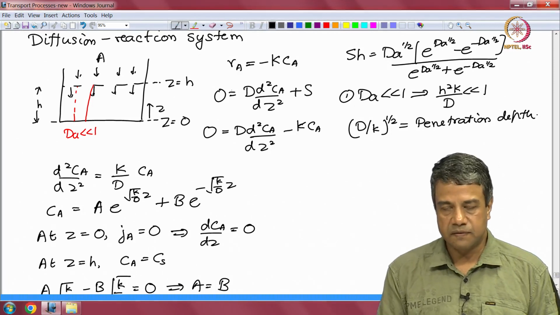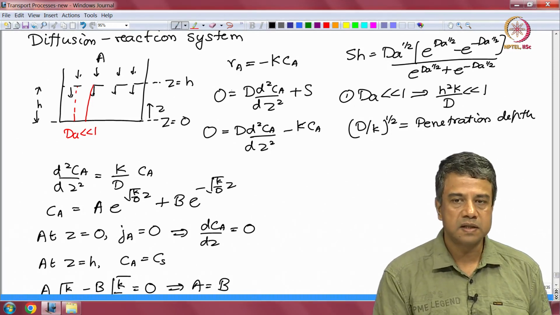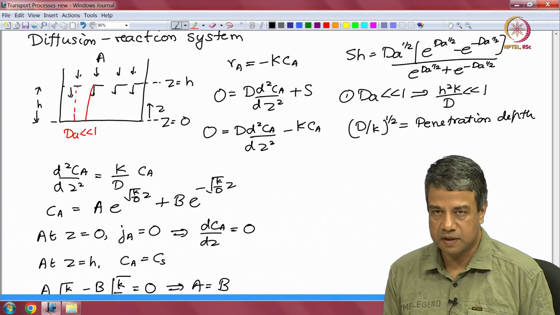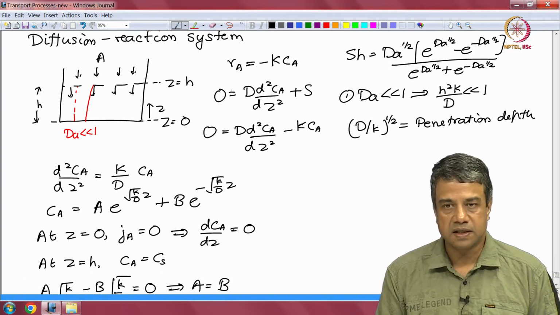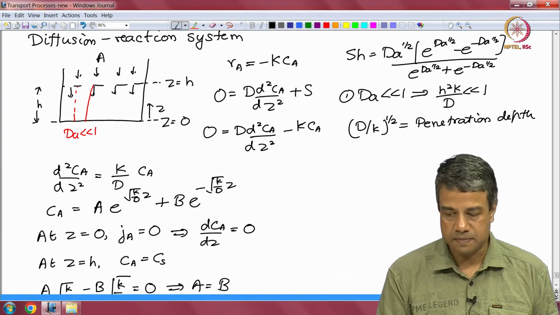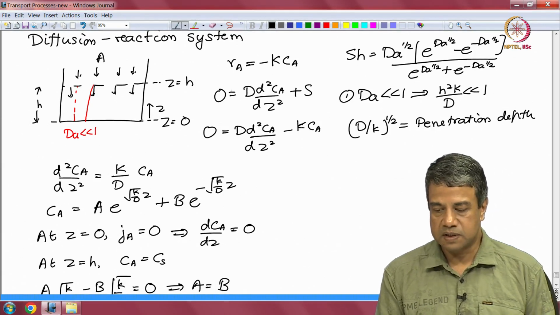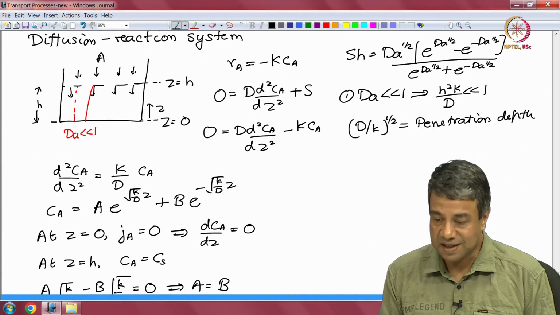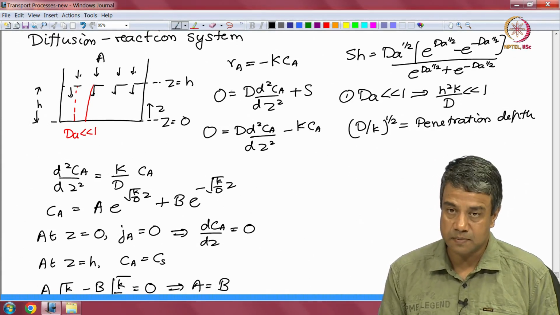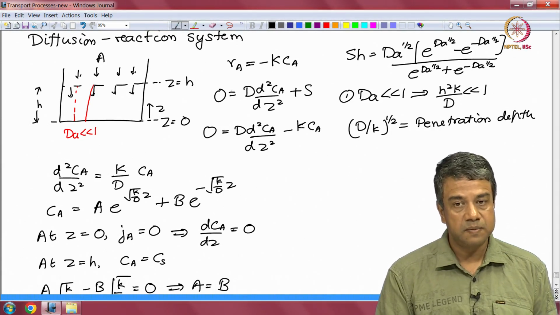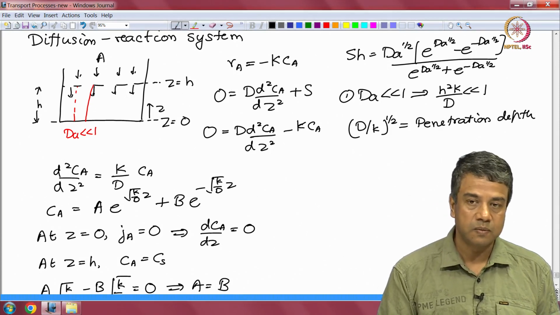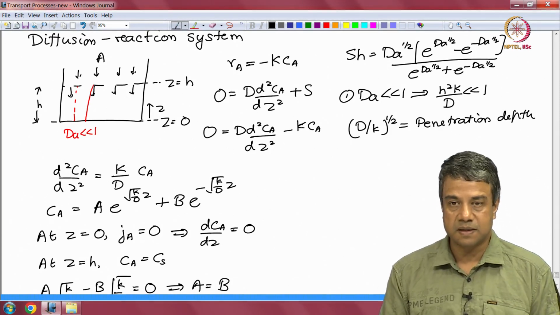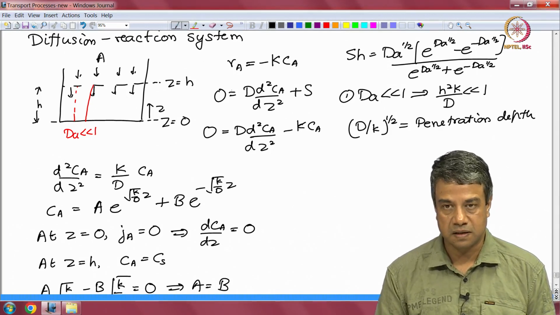It is the length scale for diffusion before reaction takes place. Damkohler number much smaller than 1 means that the thickness of the film is much smaller than the penetration depth. So, the material will penetrate all the way to the bottom before reaction takes place, before there is significant reaction.